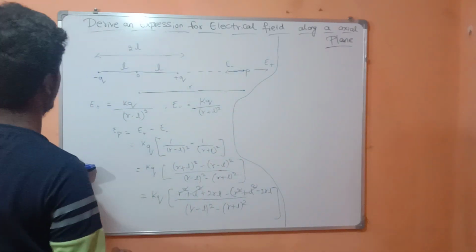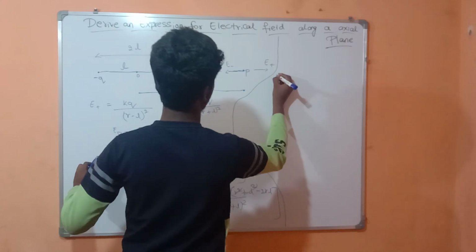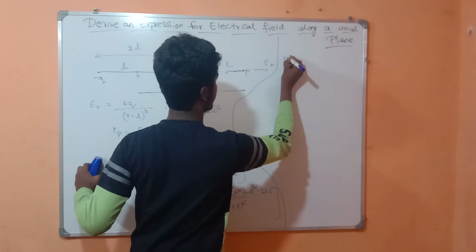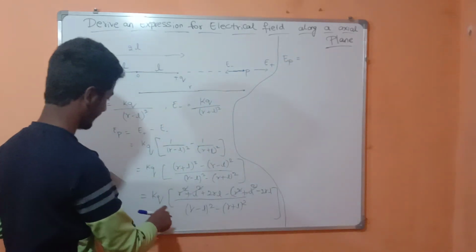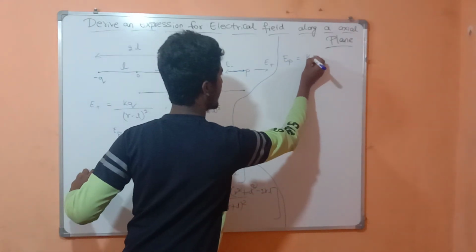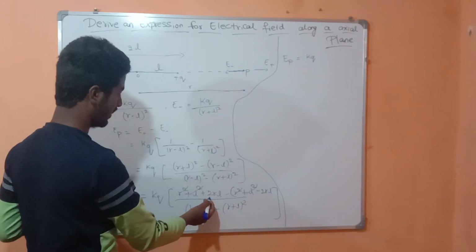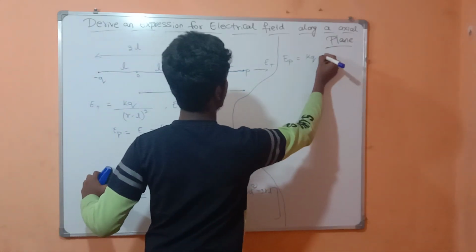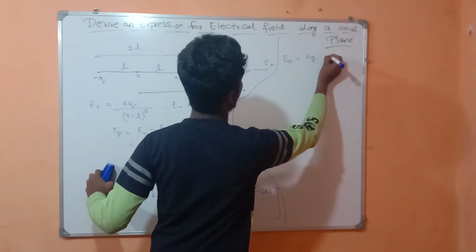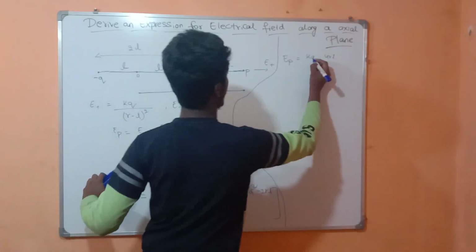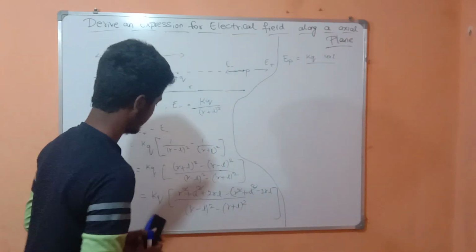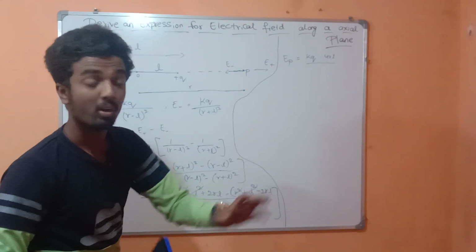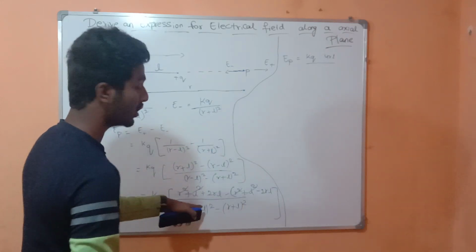Now the equation becomes EP. Let me write here, EP will be equal to K times charge times what we have left: 2RL plus 2RL, which is 4RL, divided by, see children, (A minus B) and (A plus B) whole square.